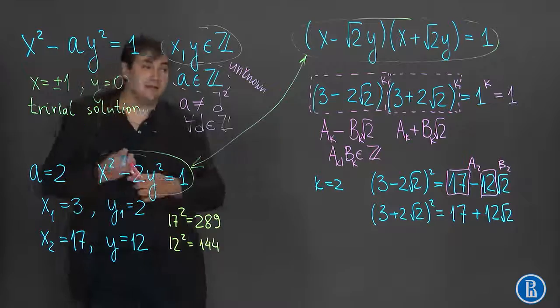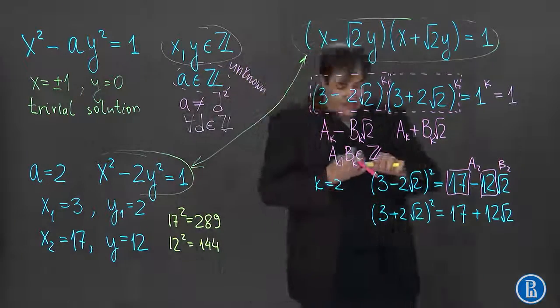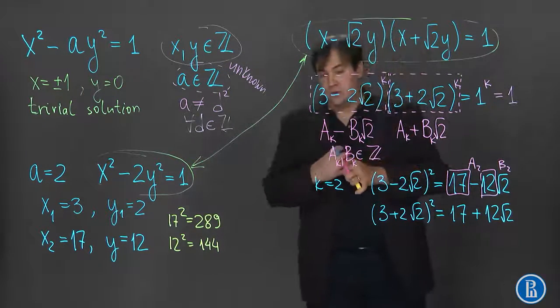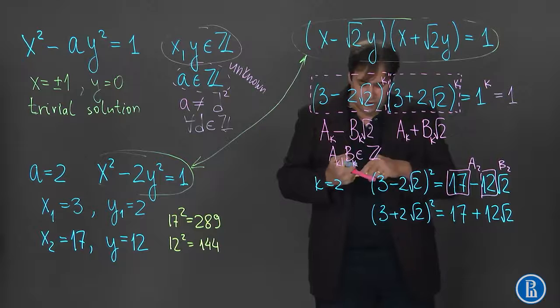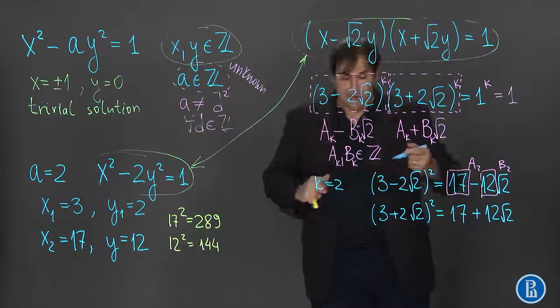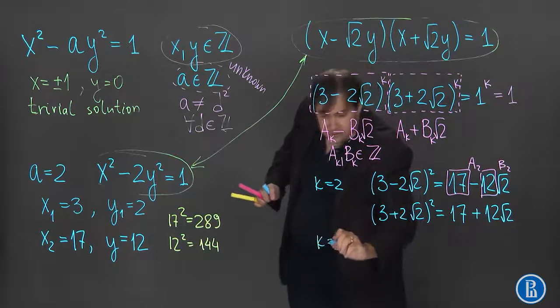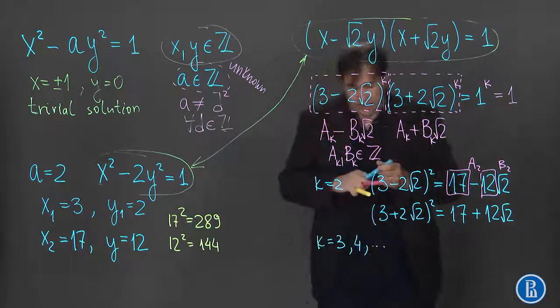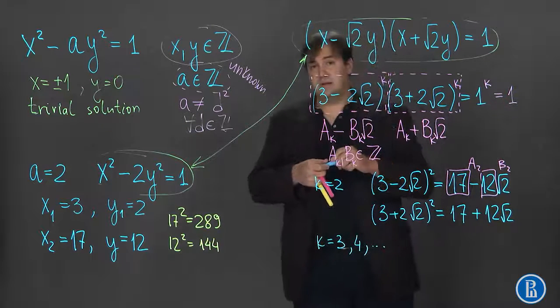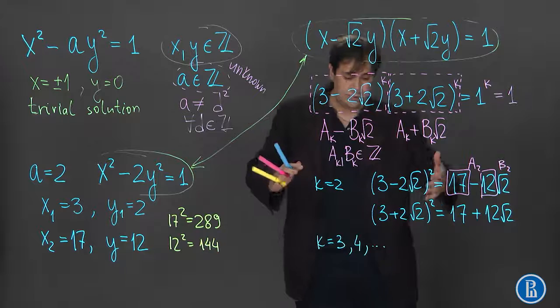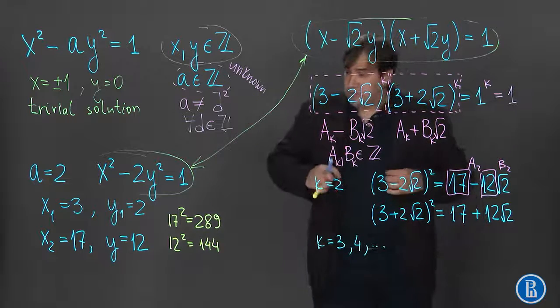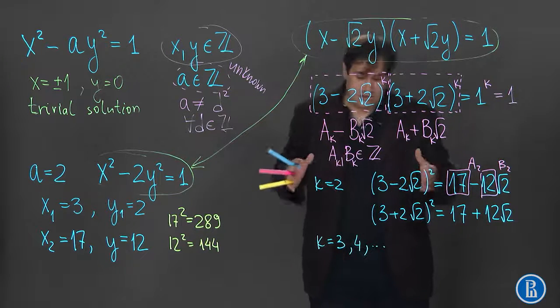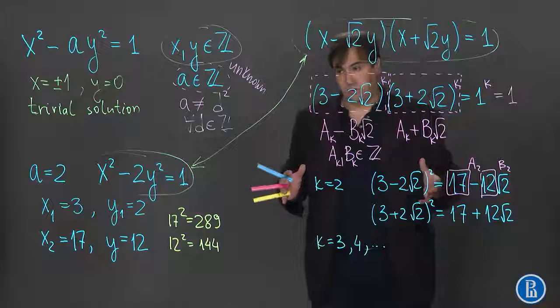So this is indeed a solution. And then we can take k equal to 3 and k equal to 4 and so on, and this will give us new and new solutions. So from this point, it seems that there are infinitely many solutions.